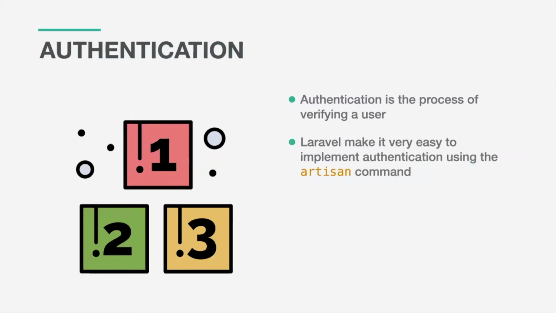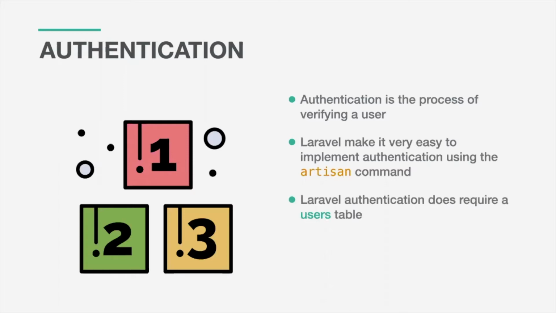Now, Laravel has made it very easy to implement authentication and to add it to our existing site using the artisan command. We've used the artisan command before for creating controllers and creating models. Well, we can also use the artisan command to implement and add authentication.